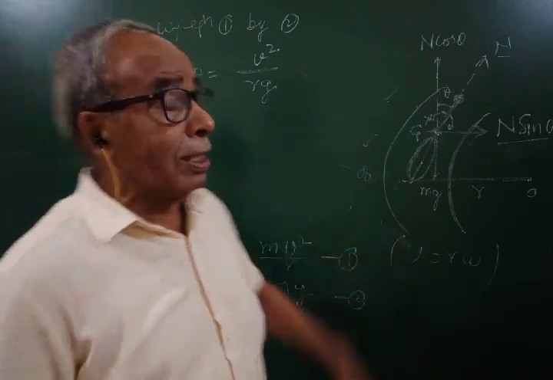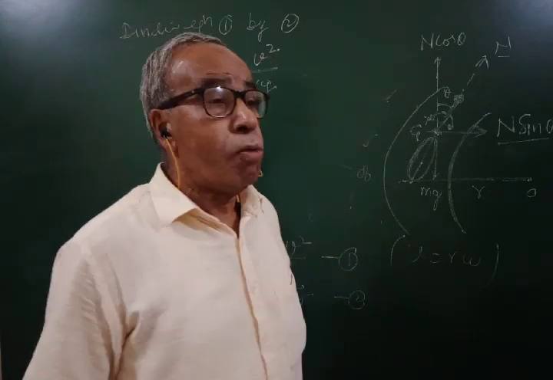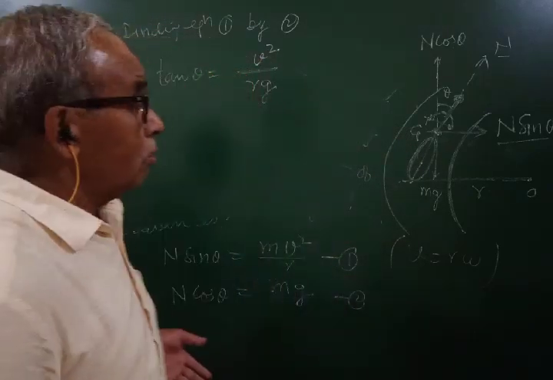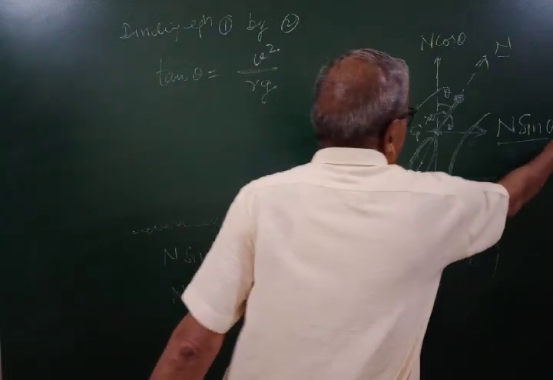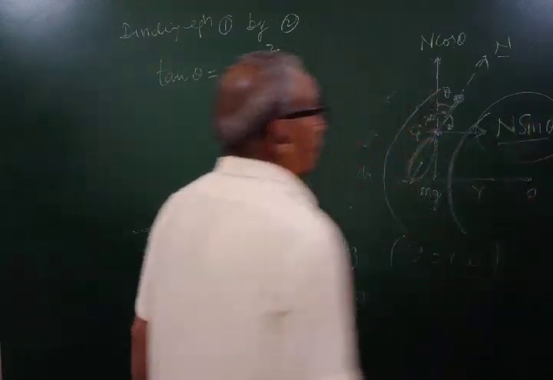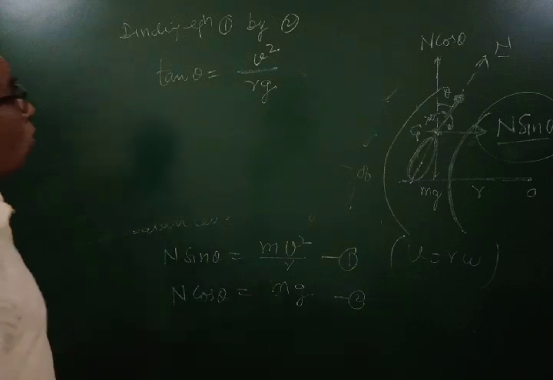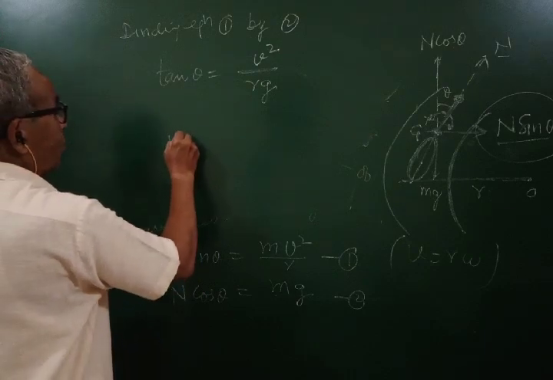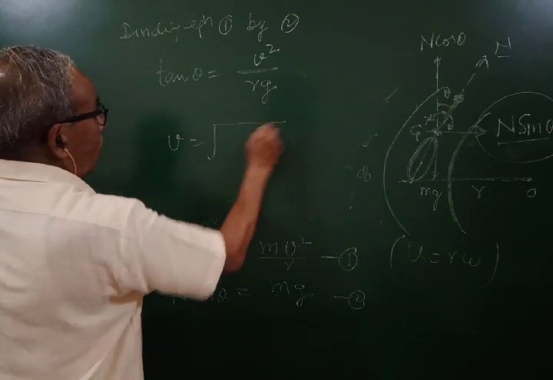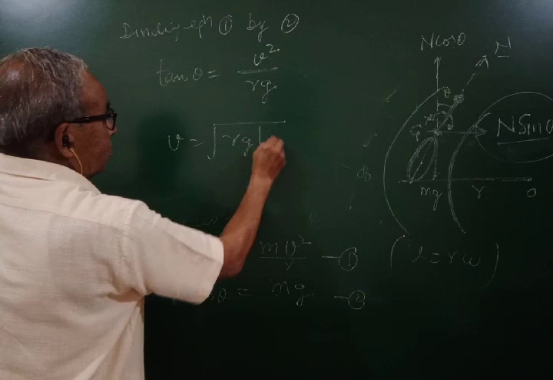You don't try to incline away from vertical, so you are not able to get centripetal force from this component, and hence your cycle will slip outward. So v is equal to under root r g tan theta.